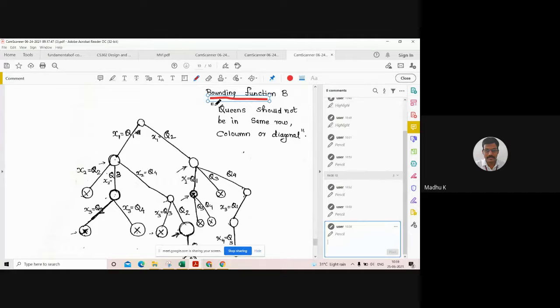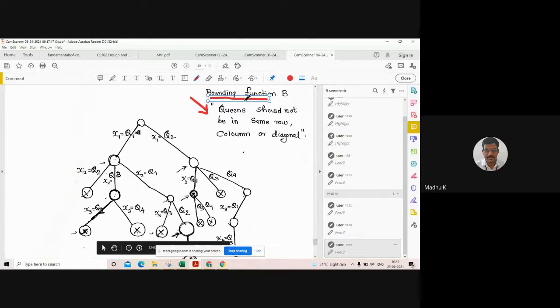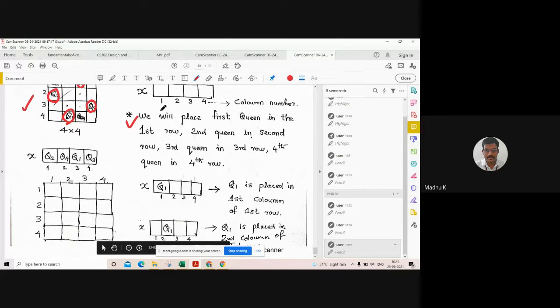Two queens should not attack each other. So queens should not be in the same row, same column, or same diagonal. This is the bounding function. So we defined the 4x4 problem, the bounding function, and the solution vector format.